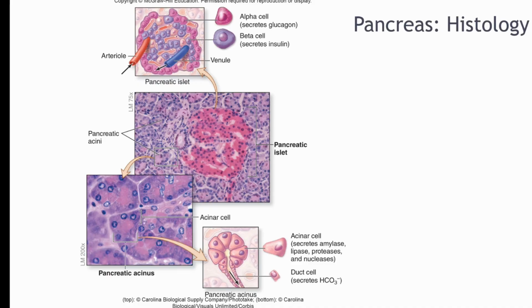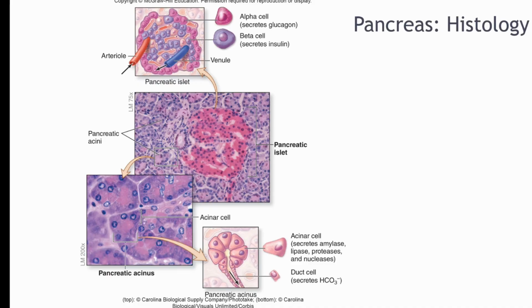That's the endocrine pancreas. Why is it called endocrine pancreas? That is the islet. Whatever is made there goes into the blood. You can see the red arterial and the blue vein. Whatever is made from those cells is released into the blood. It does not go into the bile duct.